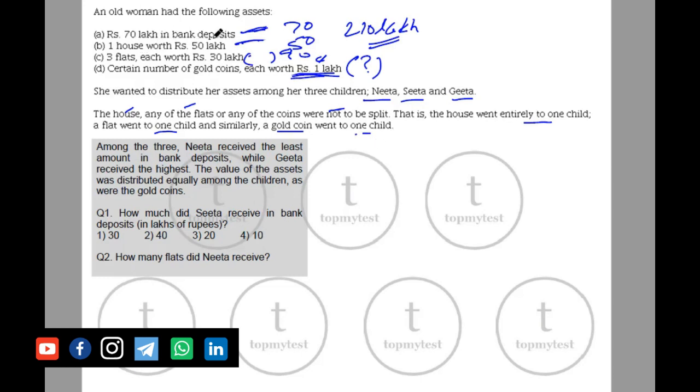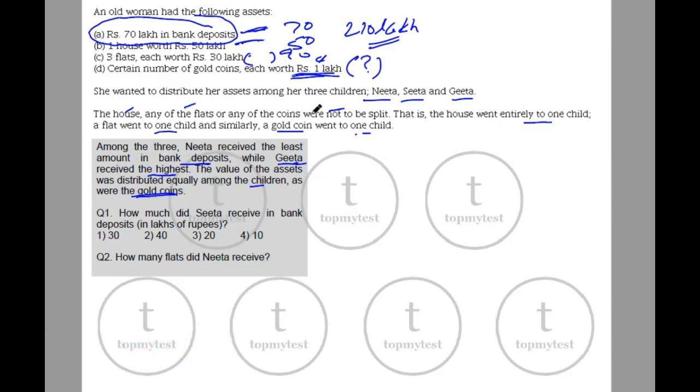The deposits can be split as you like, but the house and the coins cannot be split. Among the 3, Nita received the least amount of bank deposits while Geeta received the highest. The value of the assets distributed was equal among the children, as were the gold coins.